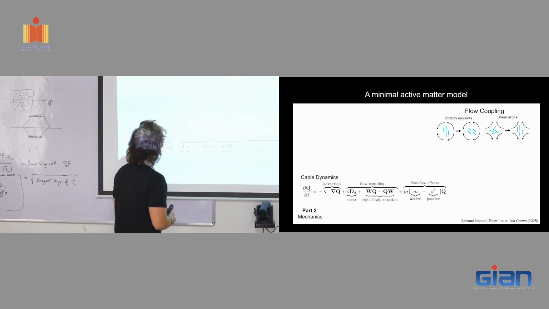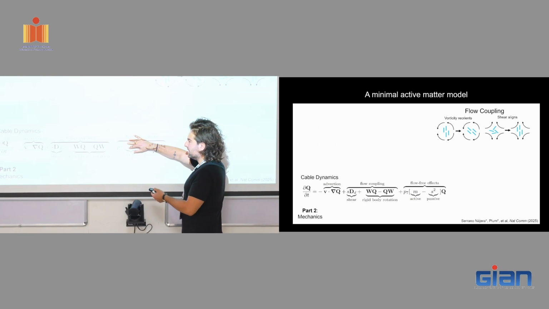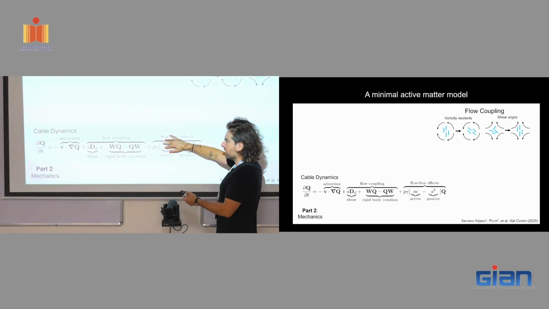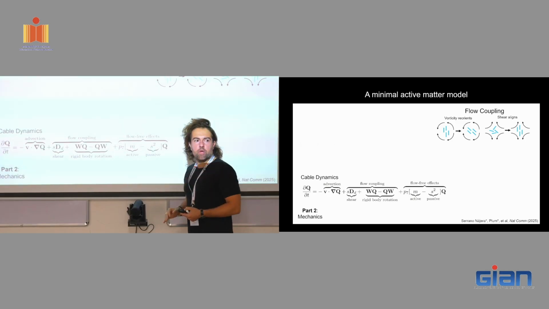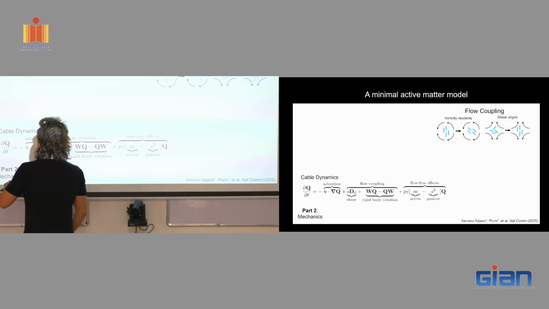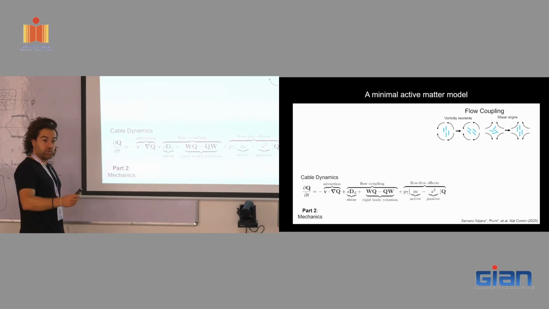Actually, you can show that if you remove this term, remember what information is contained in Q: S and phi. I think Luca Giomi, using Pauli matrices, decomposed the equation for Q into an equation for S and an equation for phi.